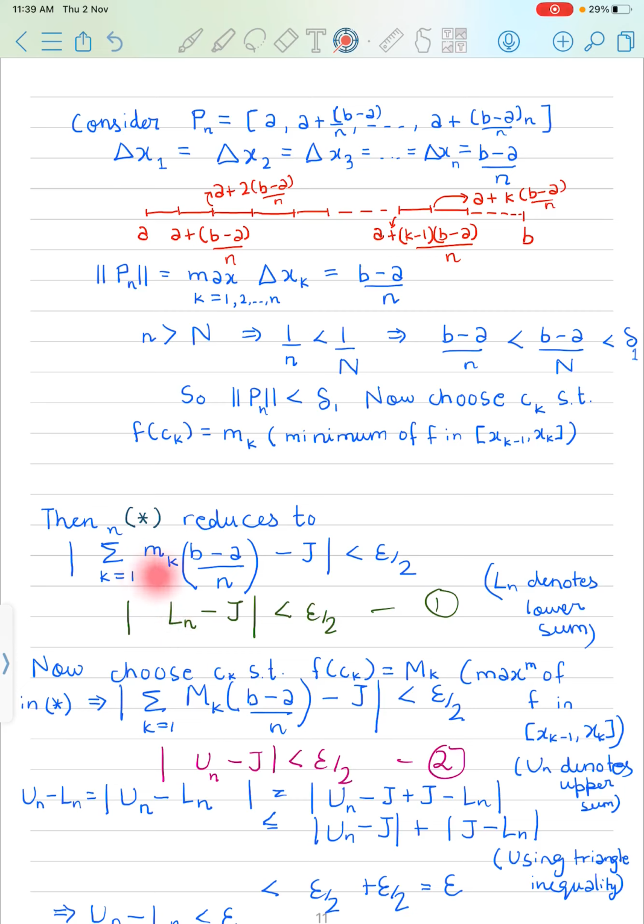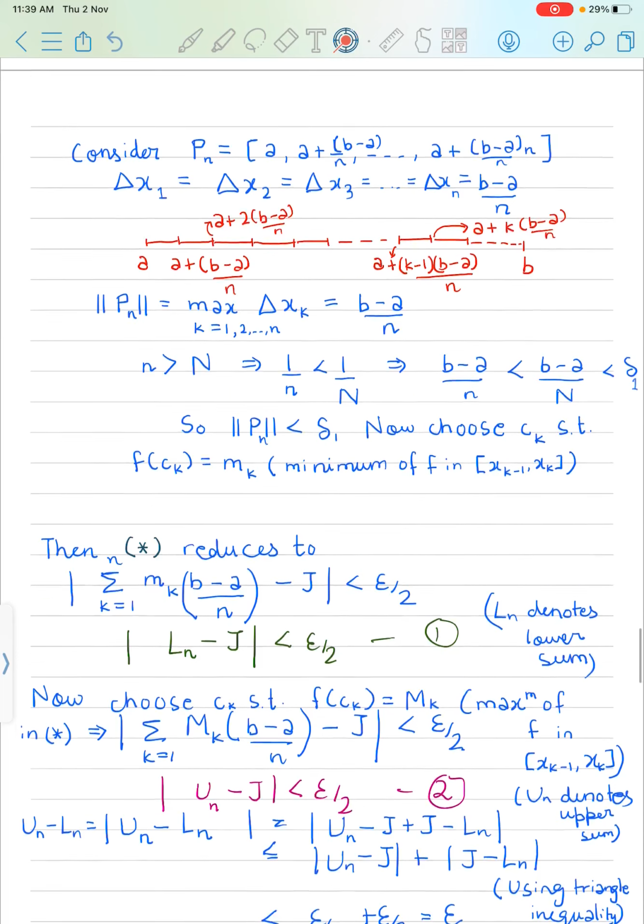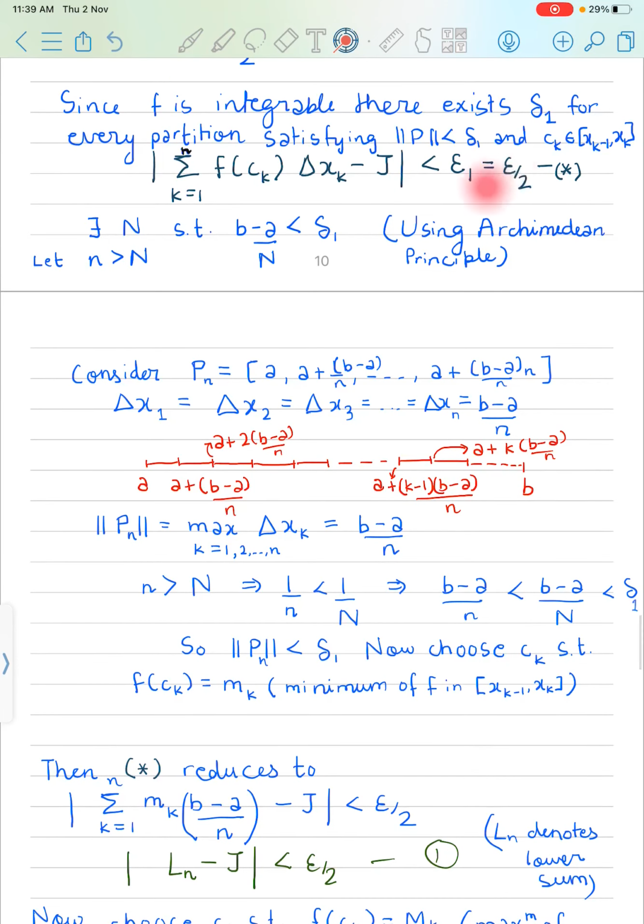If you divide a to b into equidistant rectangles with height the minimum value of f, mk, then this is the definition of Ln. So this is Ln minus j, and this is less than epsilon by 2.